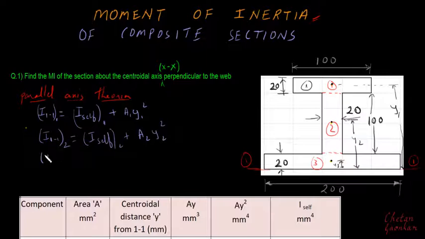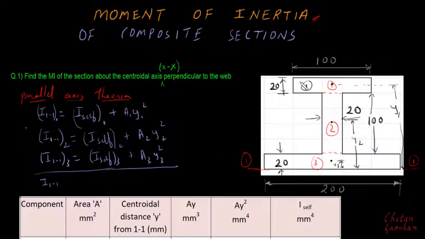And similarly, I11 for the third rectangle will be I self of the third rectangle plus the area of the third rectangle times y3 square.